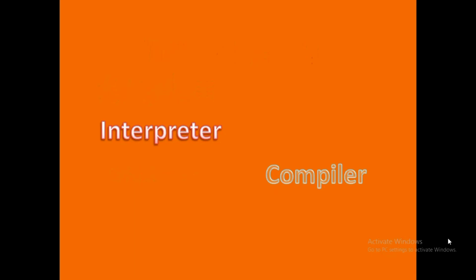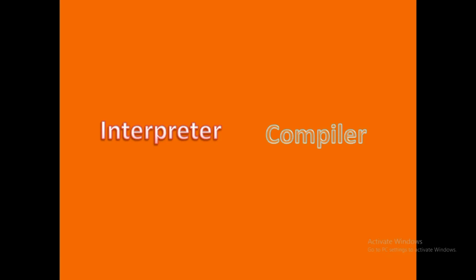Now we will see the difference between interpreter and compiler. Interpreter and compiler both do the similar task, translating the high level language into low level language or machine language, but there is a difference between them. The interpreter translates the program line by line, but the compiler translates the program at once.